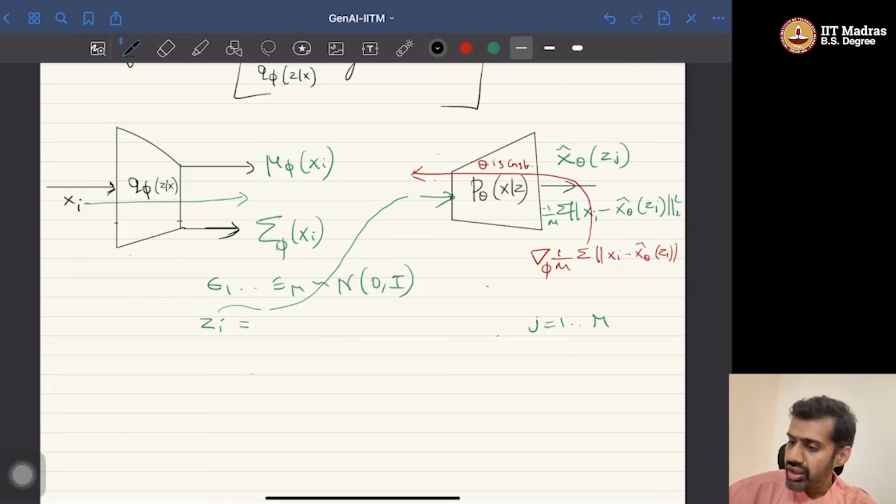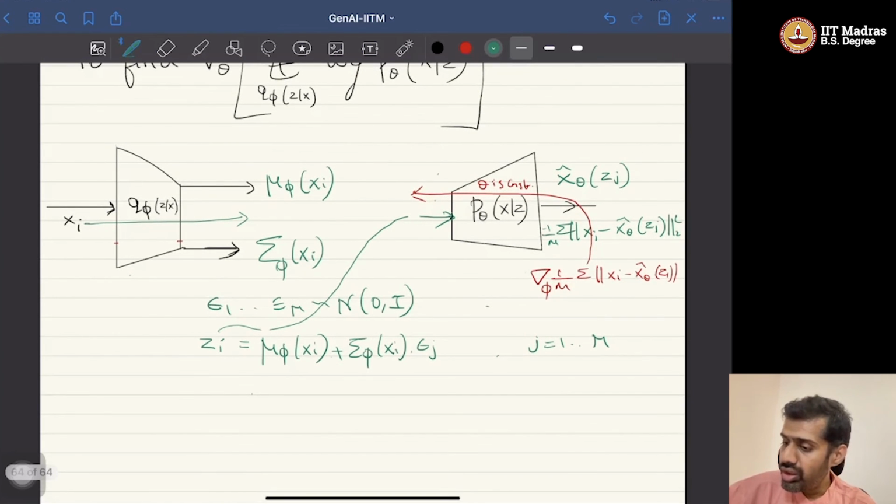We get these and we reparameterize, getting the reparameterized version, mu_i plus sigma_phi_i times epsilon_j, j equal to 1 through m. We compute this, and now theta is not held constant. Theta is now variable because it is the decoder parameter with respect to which we are computing the gradients. In all this we hold phi as a constant. We don't even pass the gradients through phi because we don't need that.